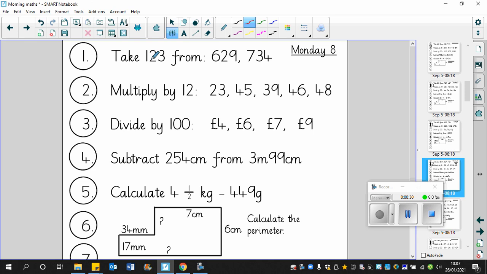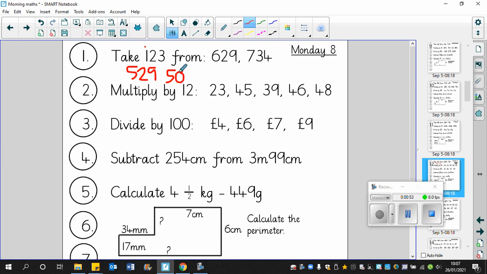So 629, if we take away 100, we get 529. So that's fairly straightforward. Okay, so we've taken away the 100. Then we take away 20. Now, if we've taken away 20, the hundreds won't change in this case. Take 20 away from this, we've basically taken 2 away from that digit, so therefore we're left with 0.